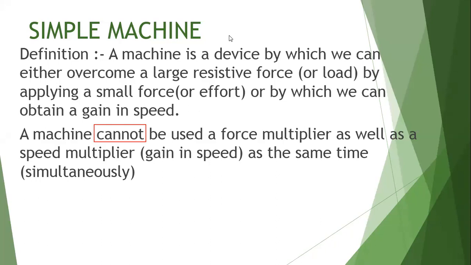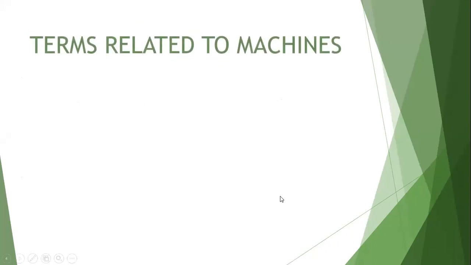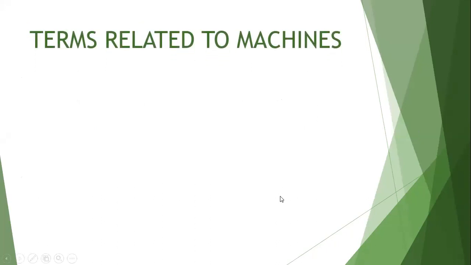Now let's start with the new chapter, machines. Just now you are very clear about why we need a machine, the four important functions of a machine, and we have seen the definition of machines as well.